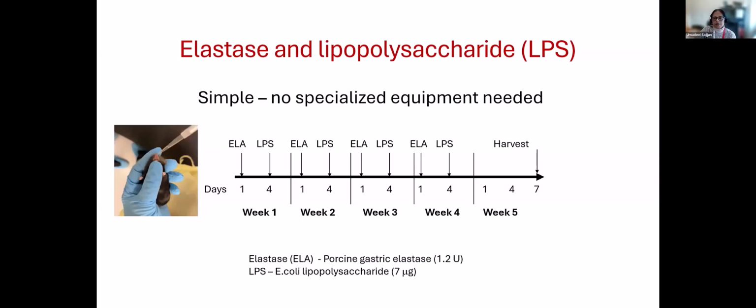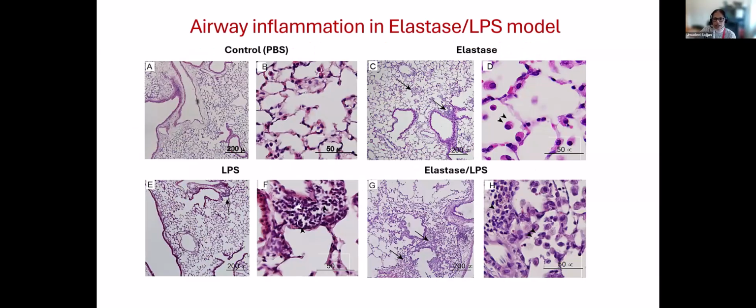In this slide, I've shown H&E stained lung sections for all 4 groups of mice. As you can see here, the leftmost panel, upper leftmost, shows the mice that are treated with PBS, which doesn't show any inflammation.